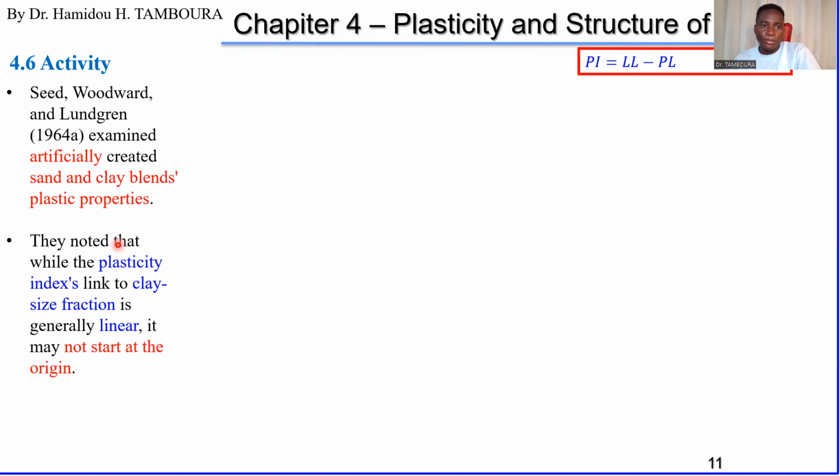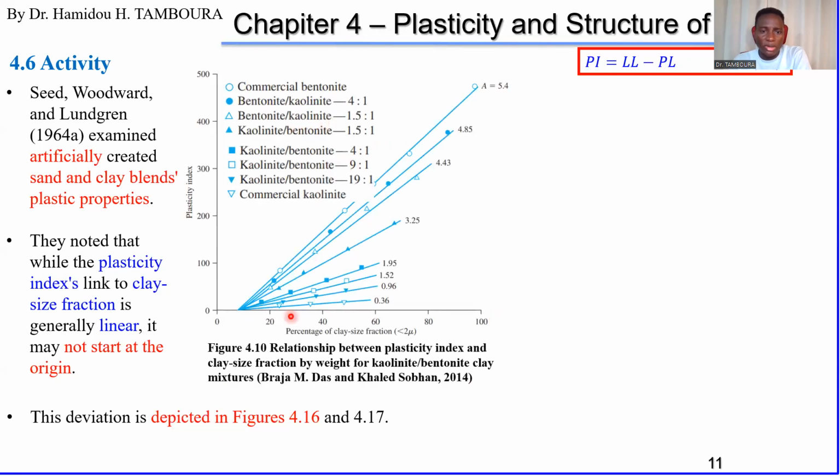So they noticed that plasticity index is linked linearly to the clay size fraction, but the problem is it doesn't always start from the origin. So because of that, they depicted, for example, here, you see this figure, the relationship between percentage of clay size fraction and plasticity index.